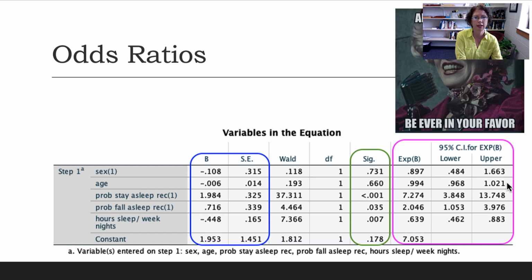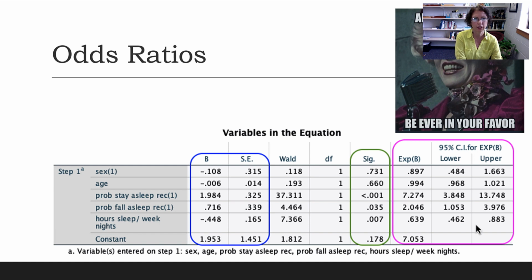So notice that any confidence interval that has 1 within it, like 0.484 to 1.663, would have 1 in that range. Whenever you see that, also notice that that predictor is not significant.